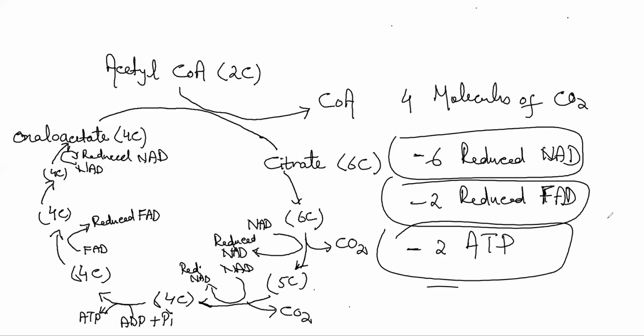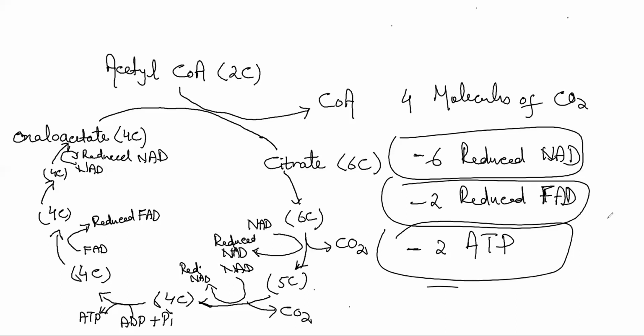And if you remember, previously we studied that glycolysis takes place in the cytoplasm. So the pyruvate is actively transported from the cytoplasm of the cell through the outer and inner mitochondrial membrane into the matrix of the mitochondria, where both the link reaction and the Krebs cycle take place.